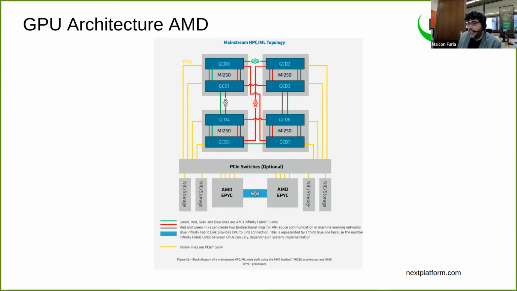NVIDIA has the NVLink, so they are also providing things in the same environment. I don't have the information right now on what they are thinking about, because NVIDIA has the relation with Mellanox, and there is a software stack very consolidated in the market.